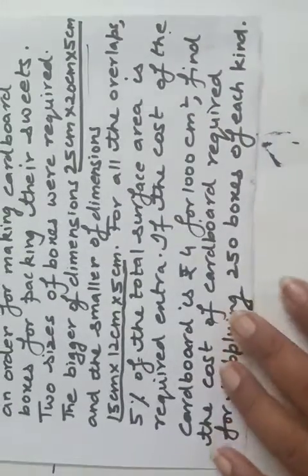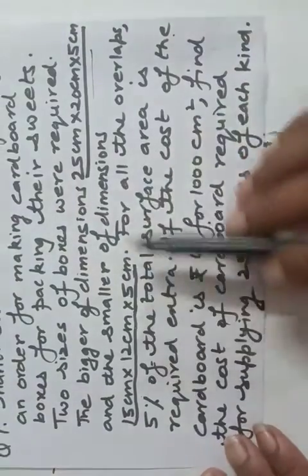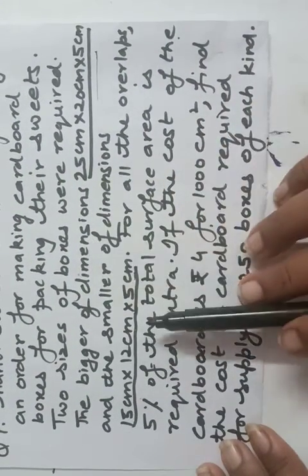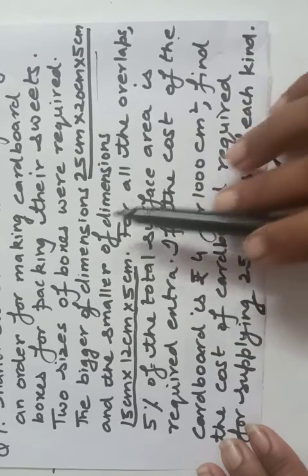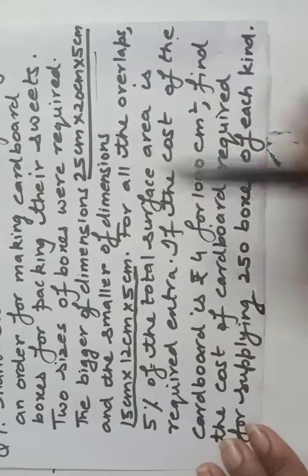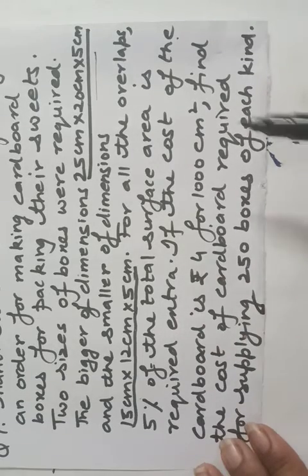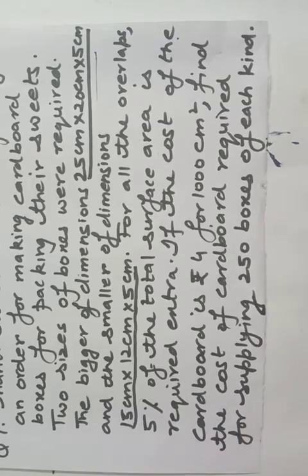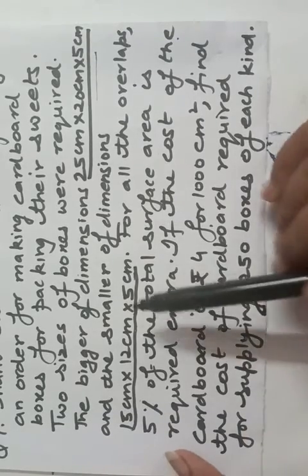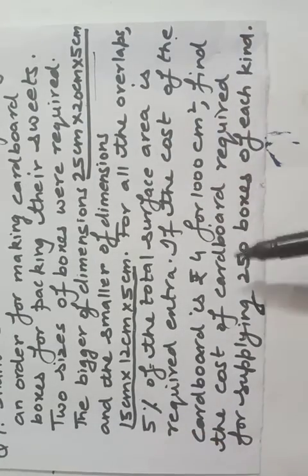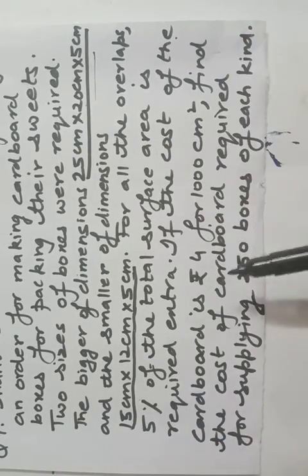Let's revise fast again. This is the question: we have two boxes, one bigger and one smaller, and the cardboard required includes 5% of the total surface area for overlapping. After this we have to find the cost of the complete cardboard required for the smaller, bigger and overlap, where 1000 centimeter square is rupees 4.